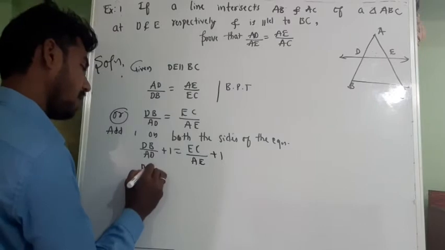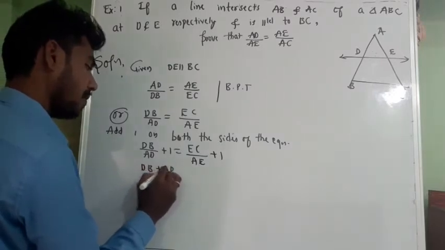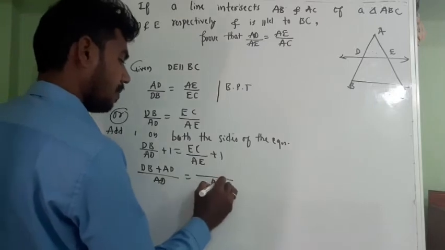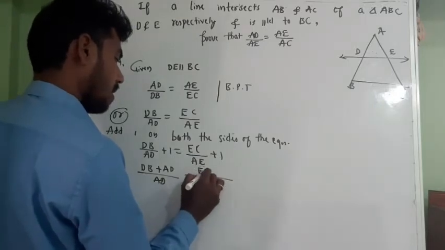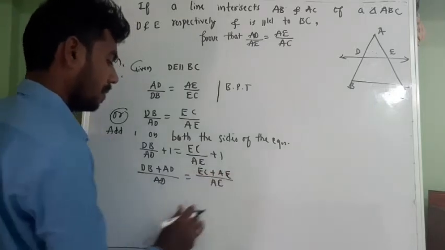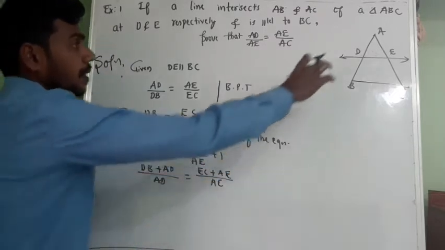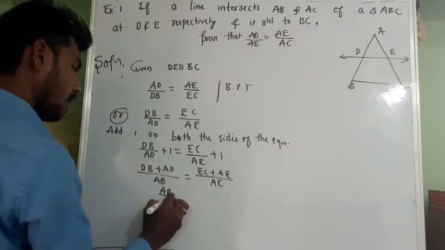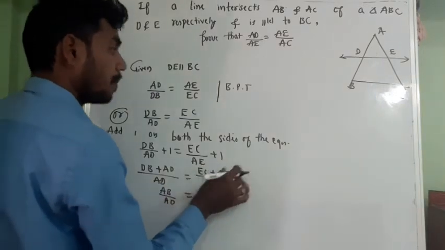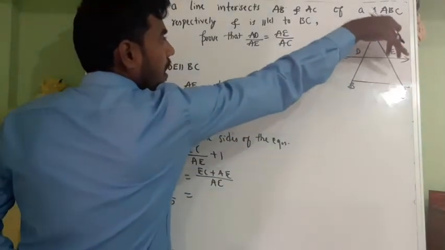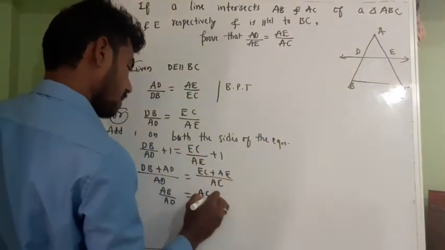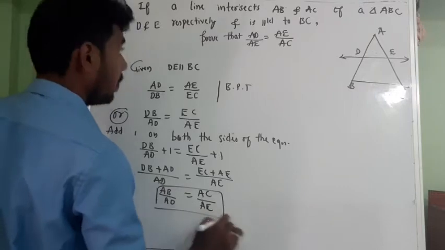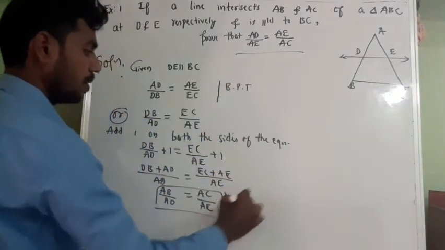So DB plus AD divided by AD is equal to EC plus AE divided by AE. DB plus AD is equal to AB, and EC plus AE is nothing but AC. So AB by AD is equal to AC by AE. This is what we needed to prove. We proved it. Please note this down.